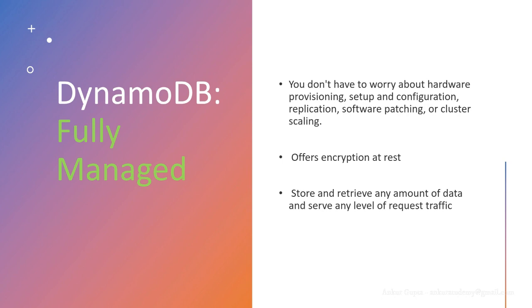DynamoDB also manages the encryption at rest for us. We can simply choose the encryption keys provided by AWS or upload our own keys and just enable the encryption at rest feature, and the rest of the encryption and decryption is taken care of by AWS.